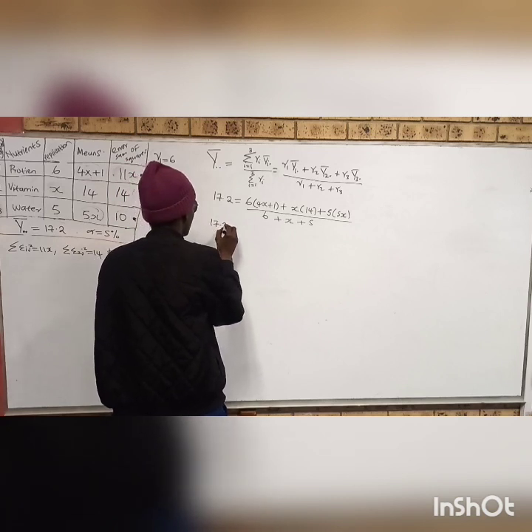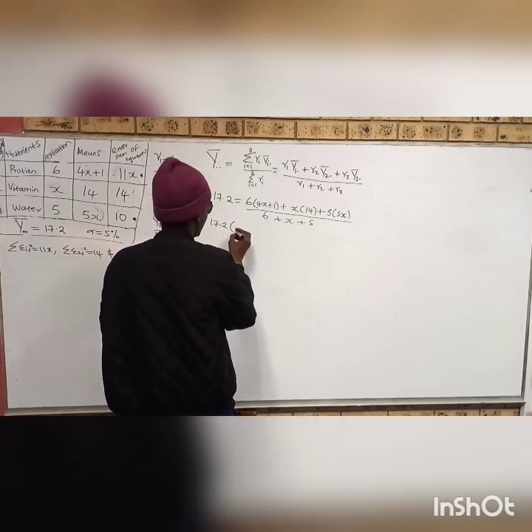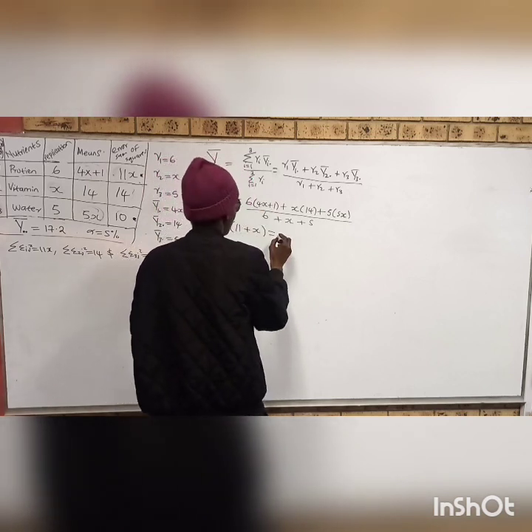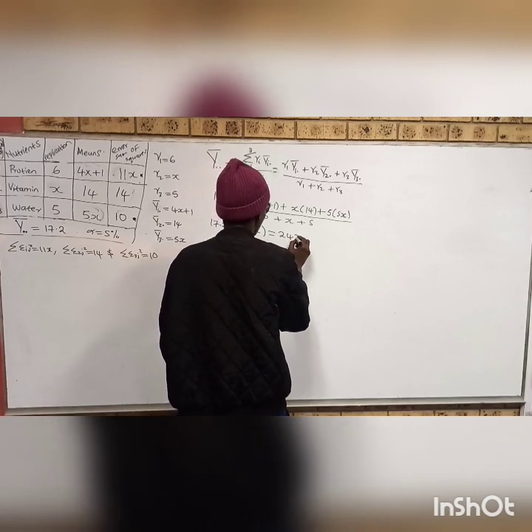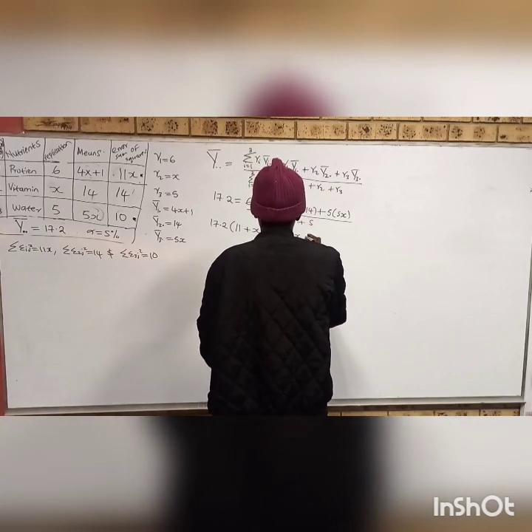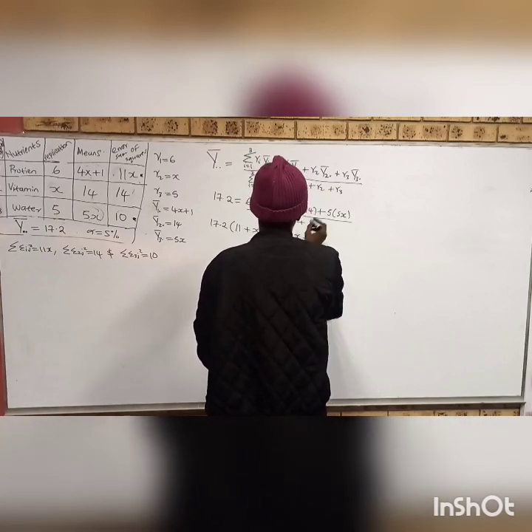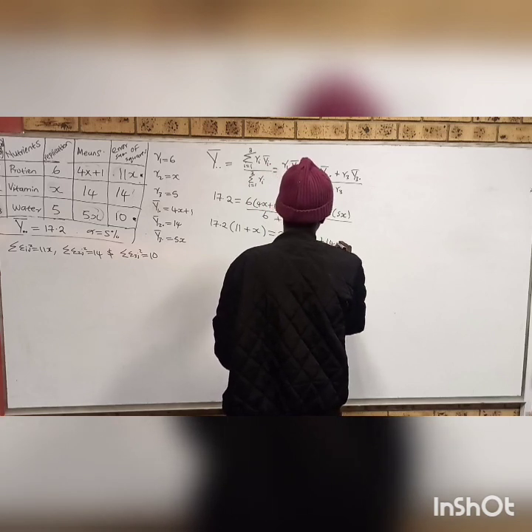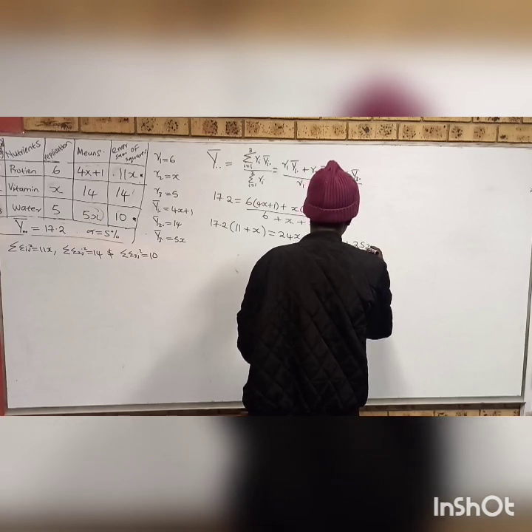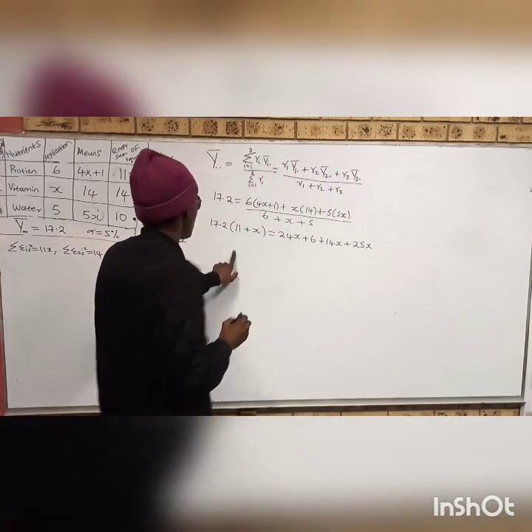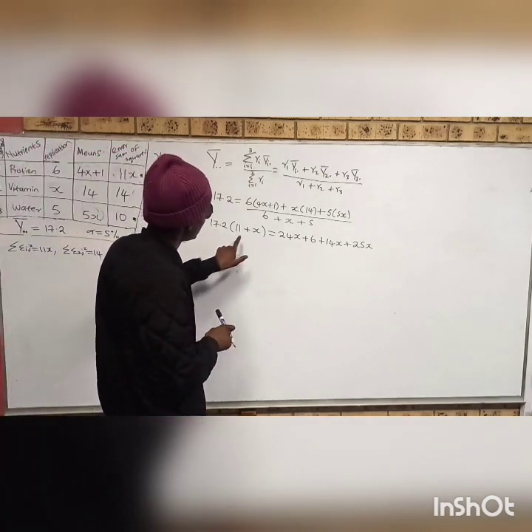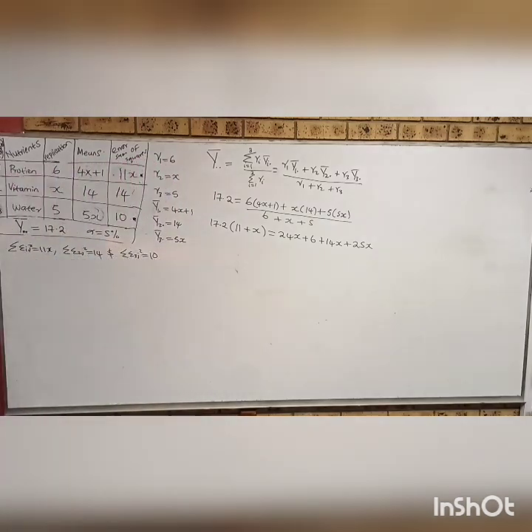So 17.2, if we cross multiply, times 11 plus x. In here we have 24x plus 6, then plus 14x plus 25x. Multiplying this, we get 189.2.